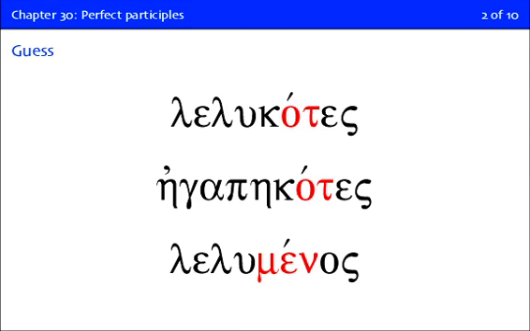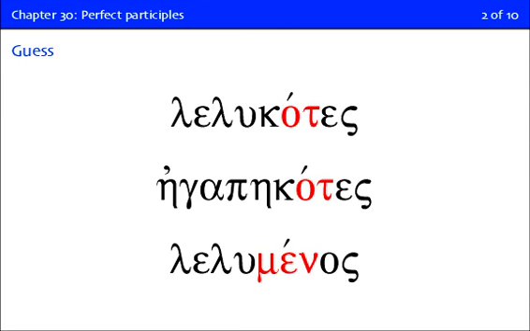Well, actually, and again, there's some debate on this point, but I view just the kappa as a tense formative. So you have the tense formative kappa. What else do you have? You've got a form of luo, and you have, for the participle morpheme, omicron tau. Okay, so here's the last of those morphemes.